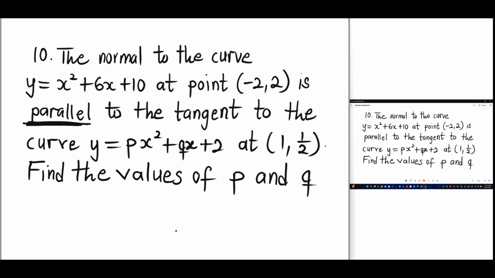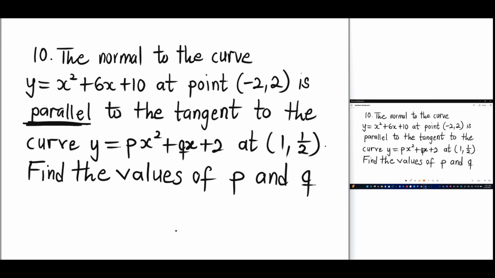So after you have obtained the gradient of the tangent of the second curve, there's a condition that the gradient of this tangent is parallel to the gradient of the normal to the first curve. So since they are parallel, the gradient of the two must be equal.